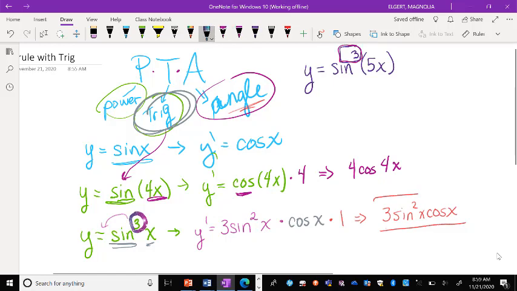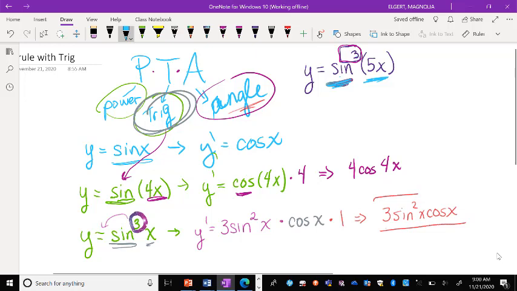The trig function would be whatever the trig function is. This time it happens to be sine. The angle is the 5x. So you have power, trig function, angle, PTA. And each time you do that part. So some of these, I actually could do the chain rule more than once on these. So it could have 2 chains.